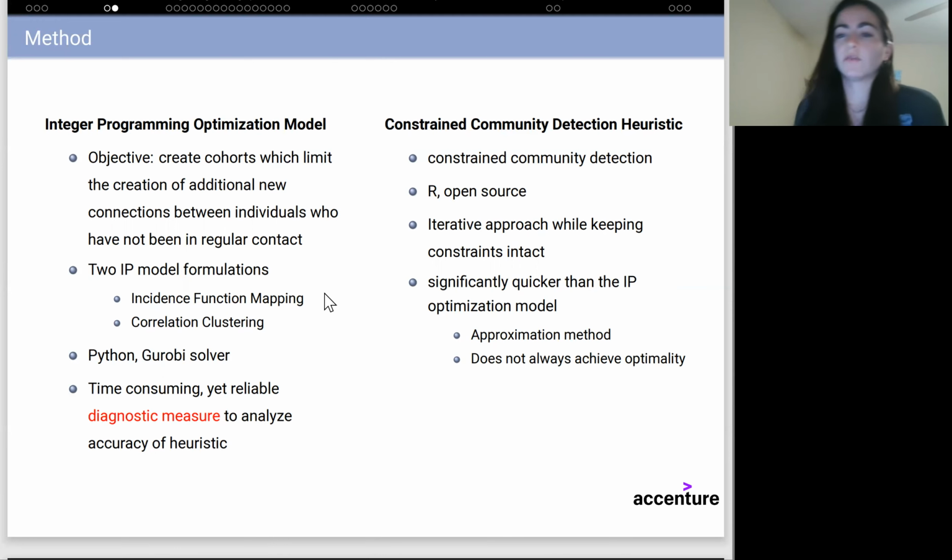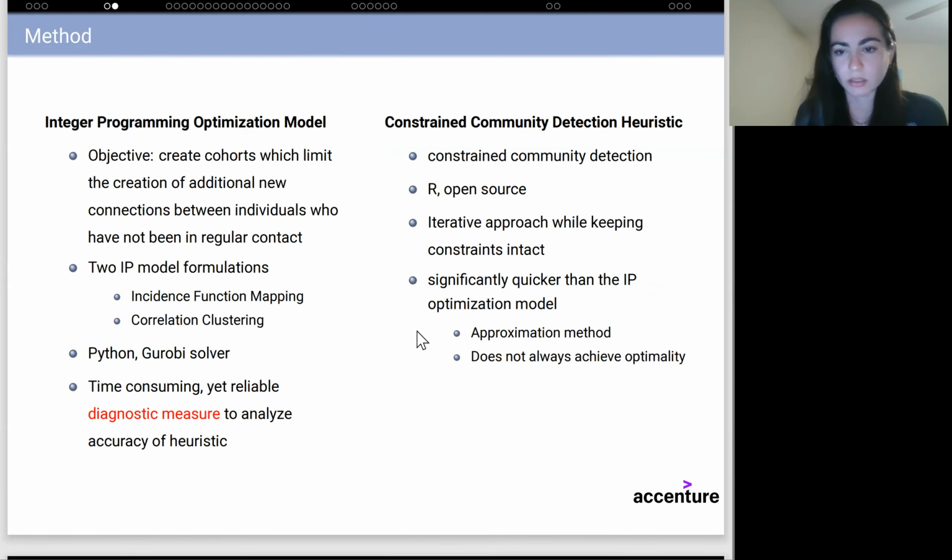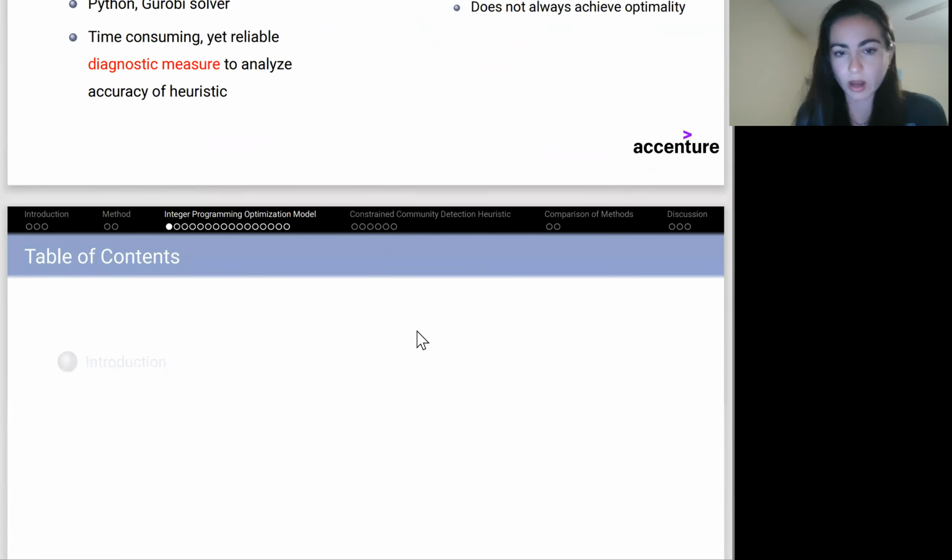To note, it's significantly quicker than the IP optimization model, and we'll get to that towards the end where we can compare the methods. But as it's an approximation heuristic, it does not always achieve optimality and can get stuck in local minima. So there's a trade-off.